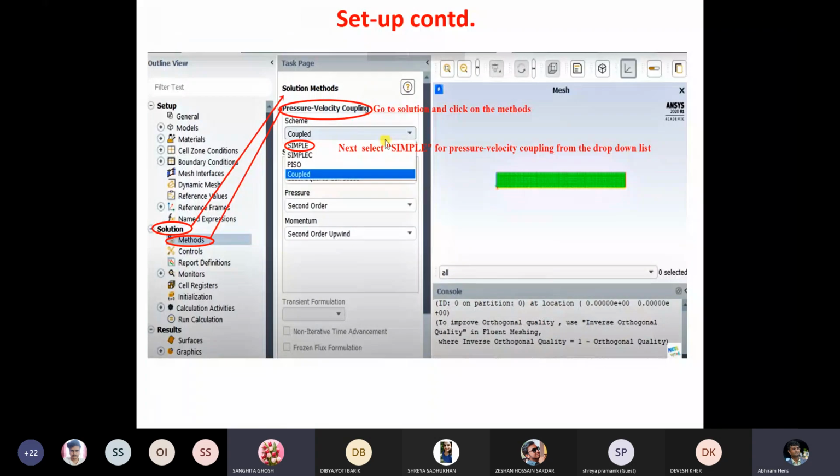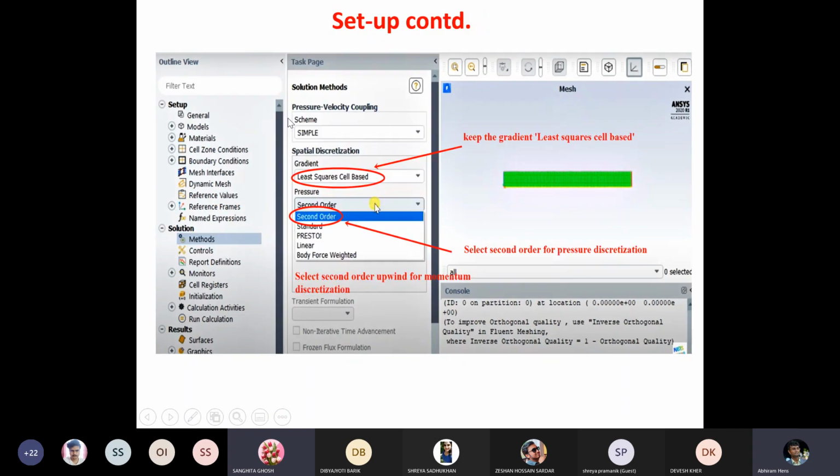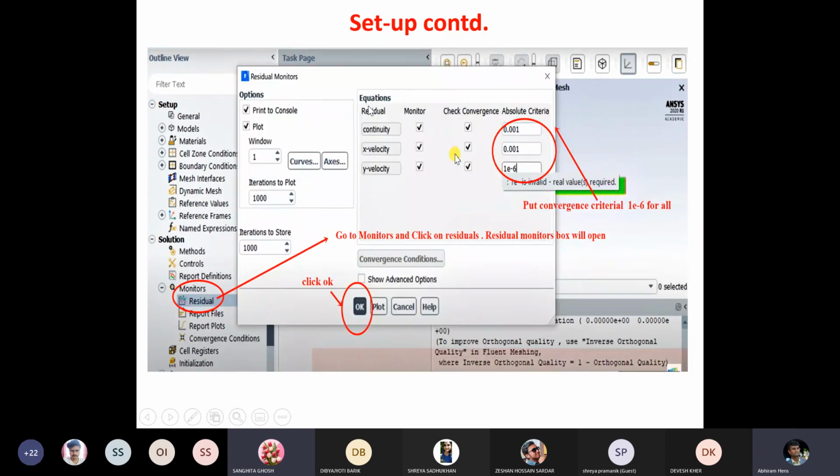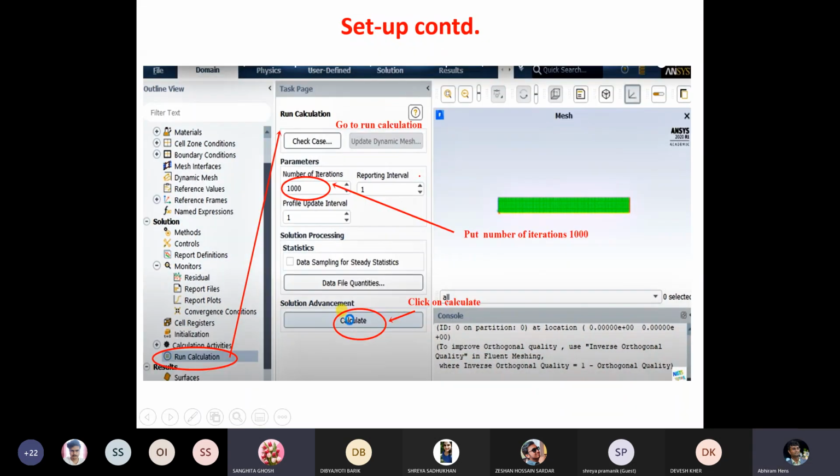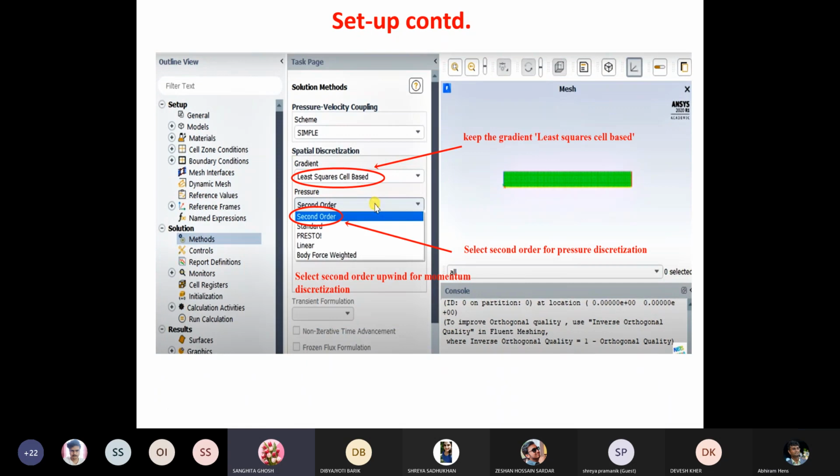After the boundary conditions comes the solution method. Whenever you come to this solution method page, you will be asked to give a pressure velocity scheme. This pressure velocity coupling scheme you need to provide.